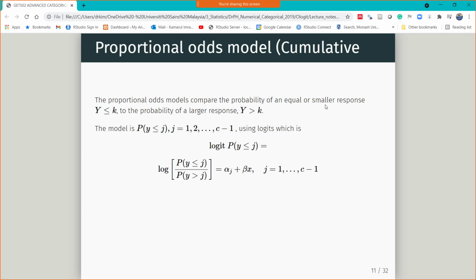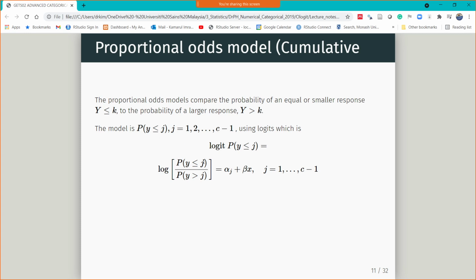I have to check it back, but roughly it will be the same. It's just a different approach, but the same concept. That's why it is called the proportional odds model. So if you have j categories of outcome, j equal 1, 2, up to c minus 1.